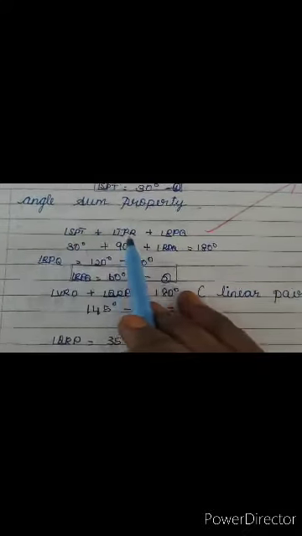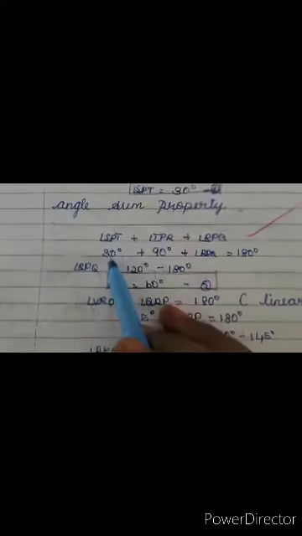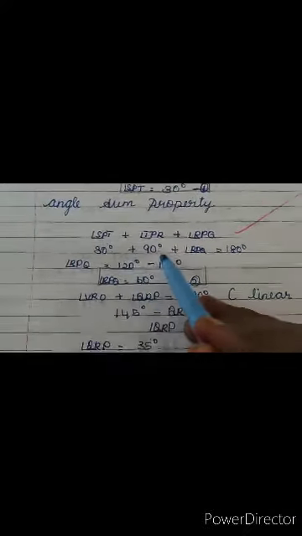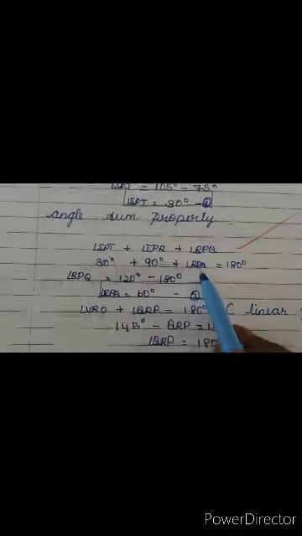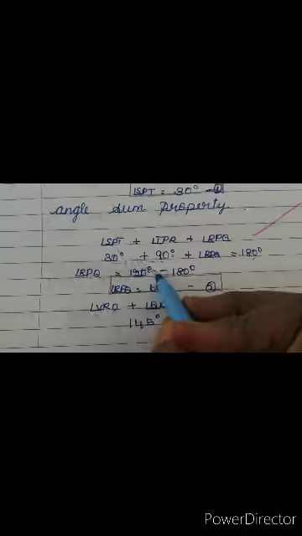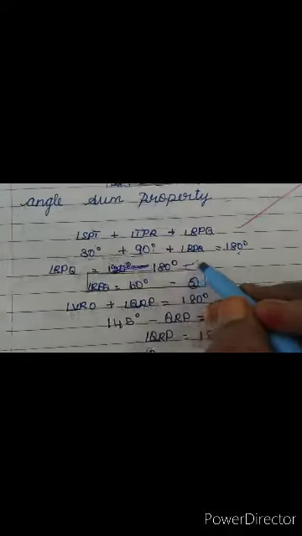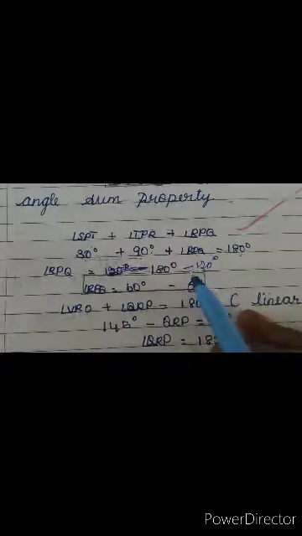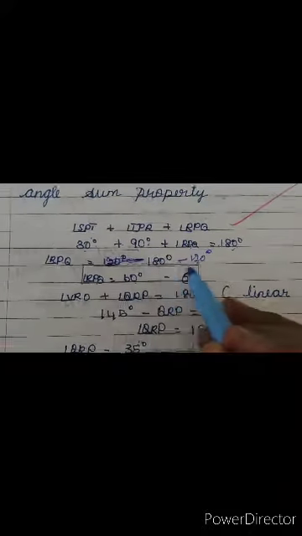By using the angle sum property, SPT plus TPR plus RPQ, that is 30 degrees which we found, plus 90 degrees, plus RPQ, which we don't know, equal to 180. Now you add these two and do the subtraction: 180 degrees minus 120 degrees. So now RPQ equal to 60 degrees.